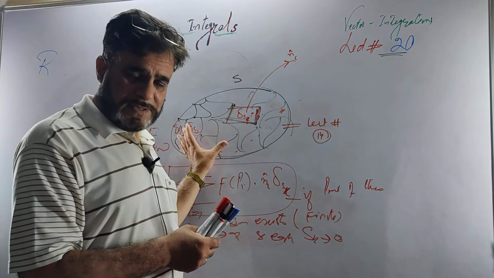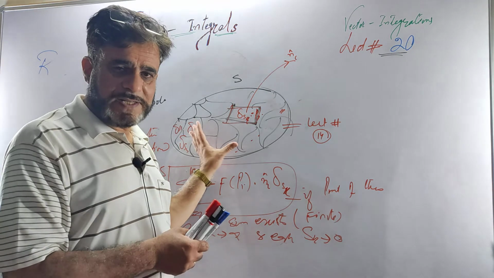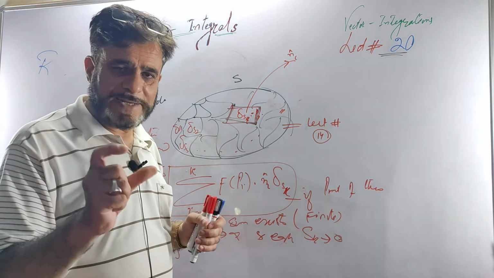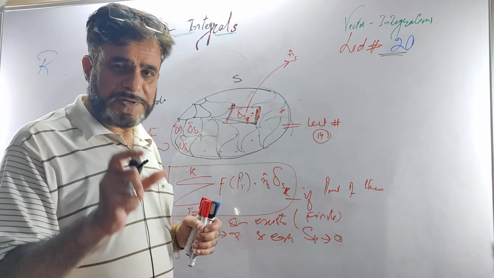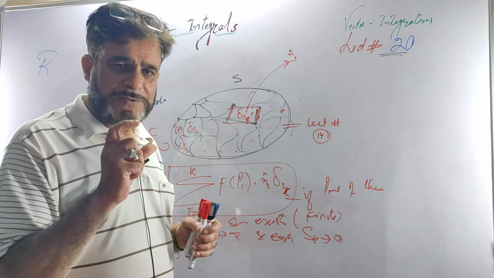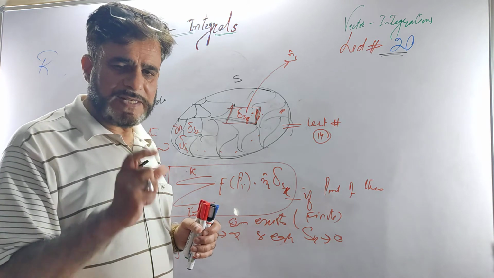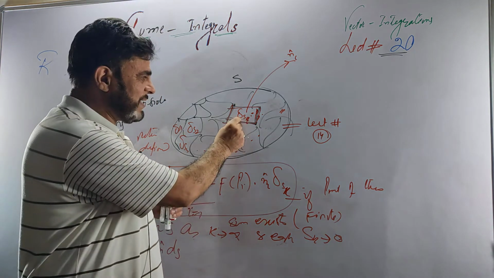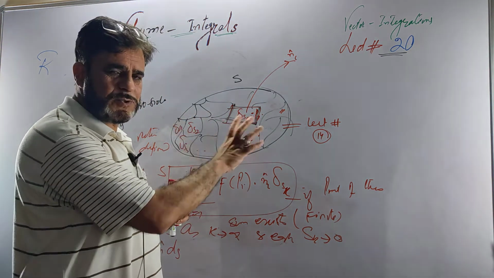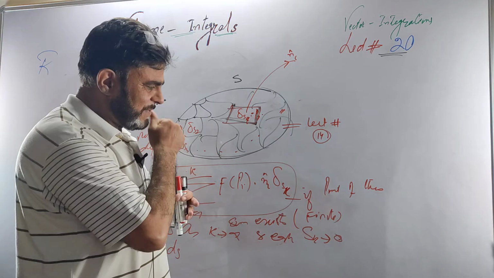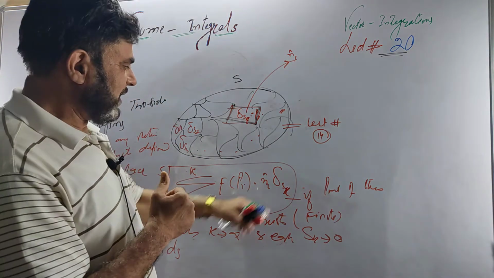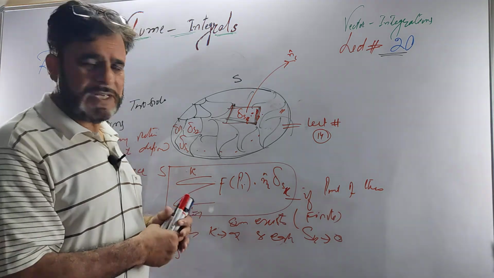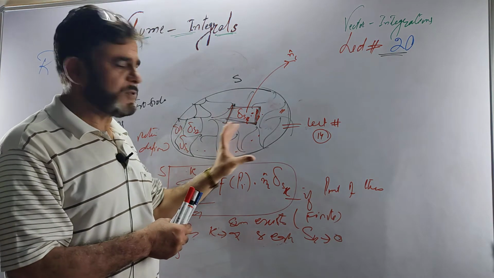Similarly, in the case of the surface integral, we take a surface, make a finite number of subdivisions of the surface, and finally let the subdivisions tend to infinity, such that the area of each piece tends to 0.